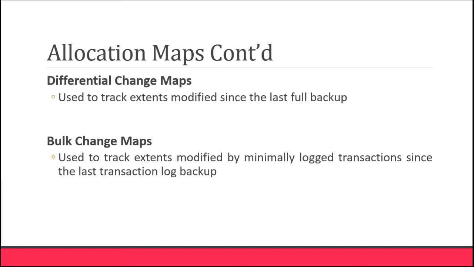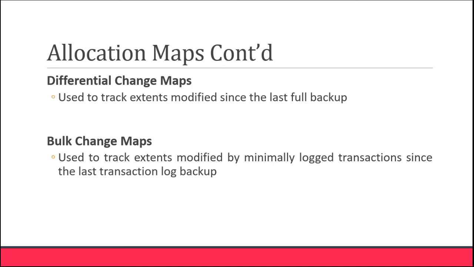All right. So basically, there are also two extra types of allocation maps: the differential change maps and then bulk change maps. The differential change map is what SQL Server uses to know where the last differential backup stopped.